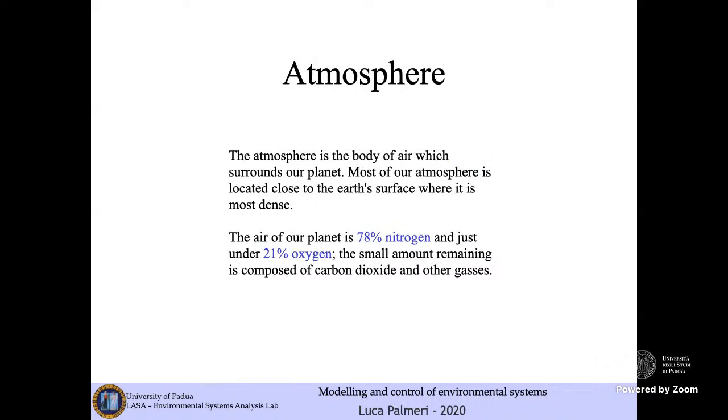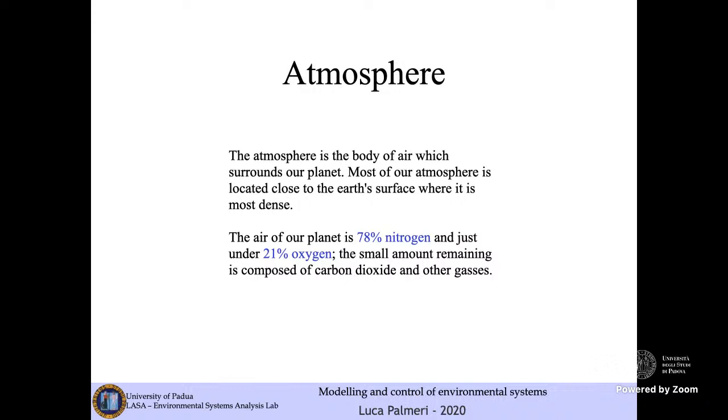The atmosphere is the body of air which surrounds our planet. Most of our atmosphere is located close to the Earth's surface, where it is most dense, you may recall, but the atmosphere density depends on the height, so on the distance from the surface of the planet.